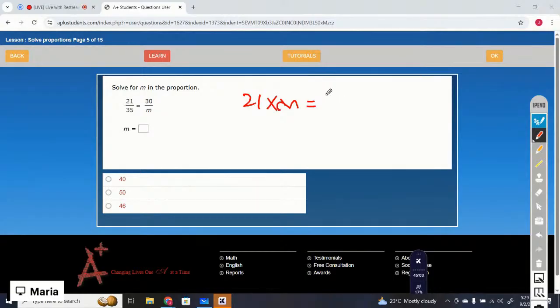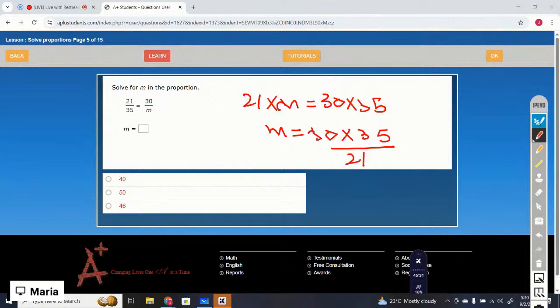21 times m equals 30 times 35. M is equal to 30 times 35 over 21. So 30 times 35 is 1050 and divided by 21 is 50.